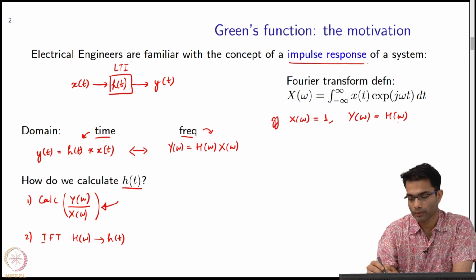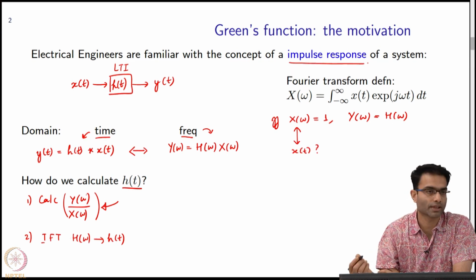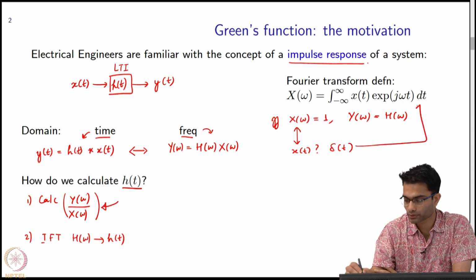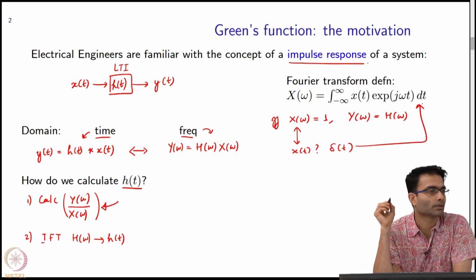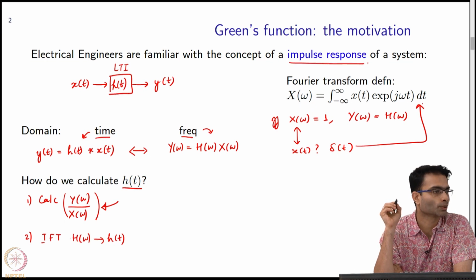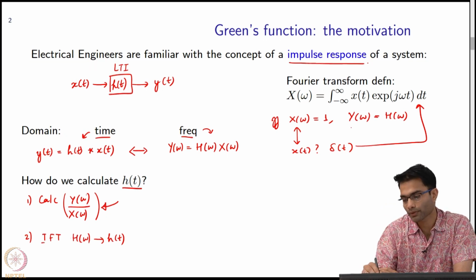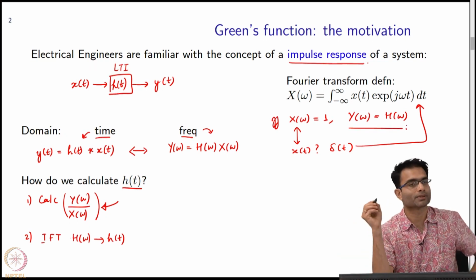Now, what is the x(t) corresponding to this? It is a delta function. So, if I put delta(t) into this function over here, I am going to get X(omega) equal to 1. As a result, whatever y I have got, I call it the impulse response.